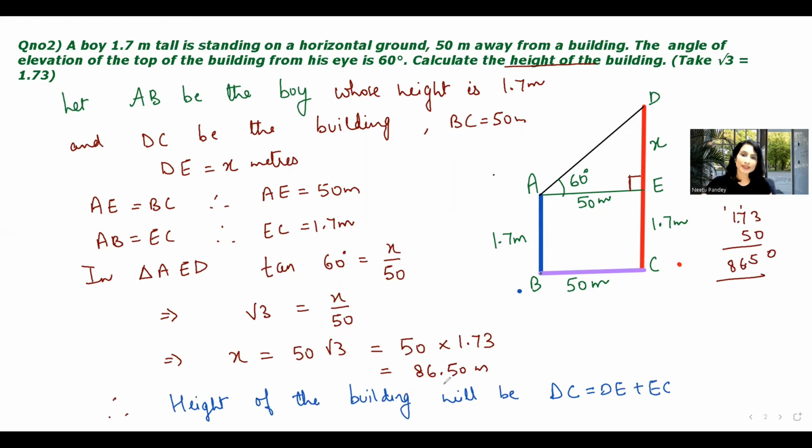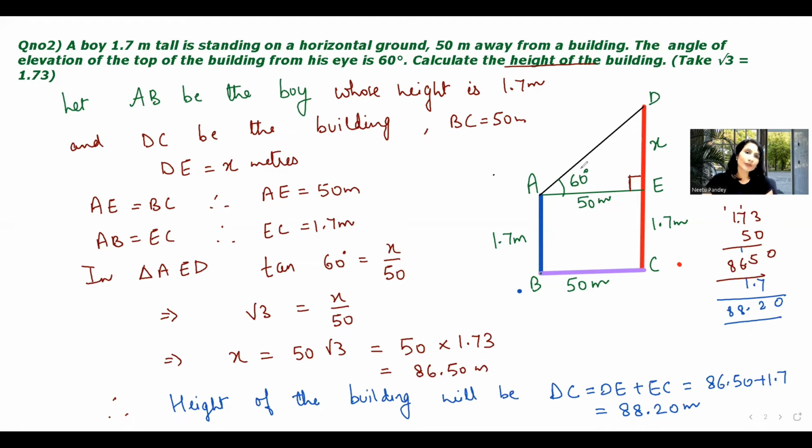We have just found the value of DE. DE is X, so it is 86.50 plus 1.7. So add 1.7. It's 12, 1, 7, 8, 88.20. So this will be 88.20 meters. So in this question, very simple. Just you have to understand that when the boy is standing, he will be a little above the ground.